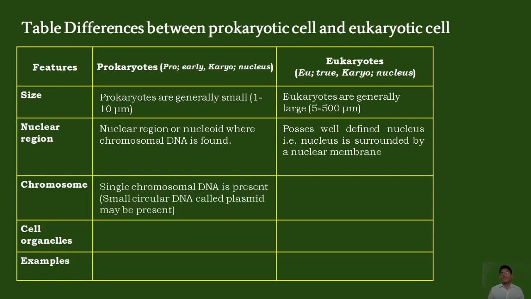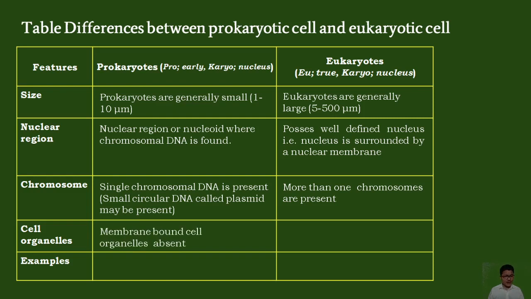Chromosomes in prokaryotes are usually single in number. There may be a number of plasmids, small circular DNAs. But in eukaryotes, we have many chromosomes. In case of human, we have 23 pairs of chromosomes, right?